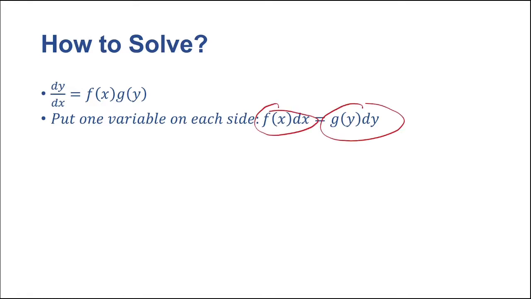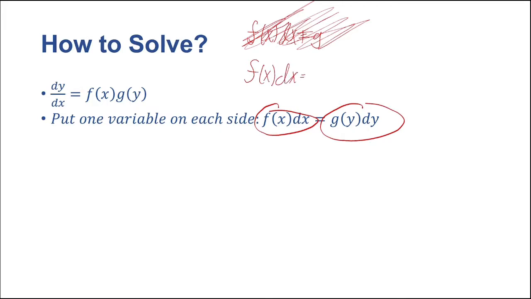So we separate the equation. So we get f of x dx equals g of y dy.